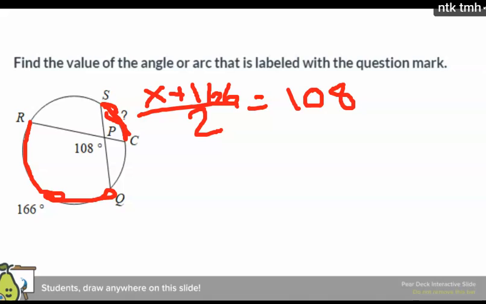You can also solve it on a separate piece of paper and then write your answer on here. Okay, here's a hint: the answer is going to be less than 100.